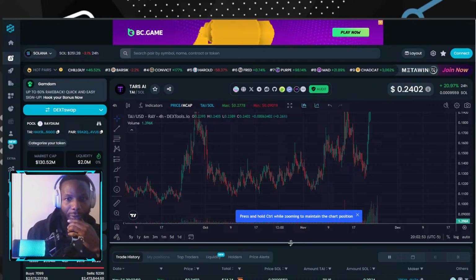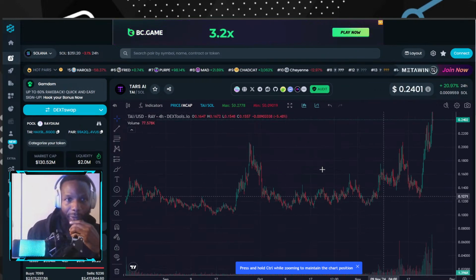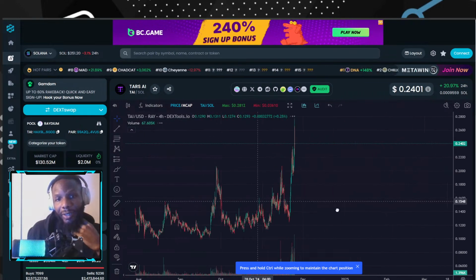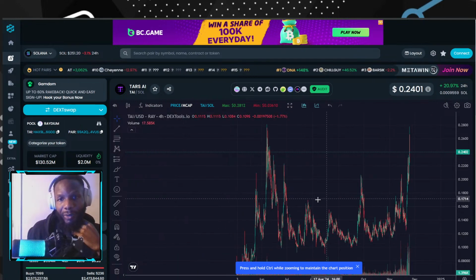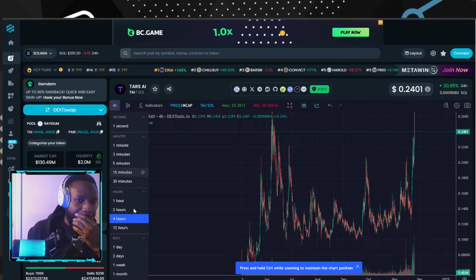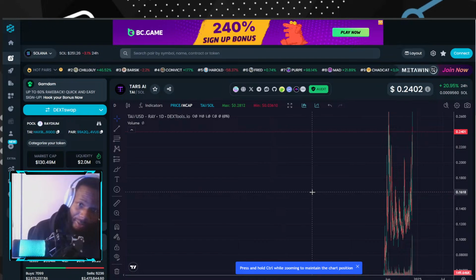I wanted to show this chart of what I'm looking for. Oh, this one actually started taking off. This one's a little bit too late if anybody was looking to get into TARS. Like I said, this one is backed by Solana, and you've seen how Solana was doing.